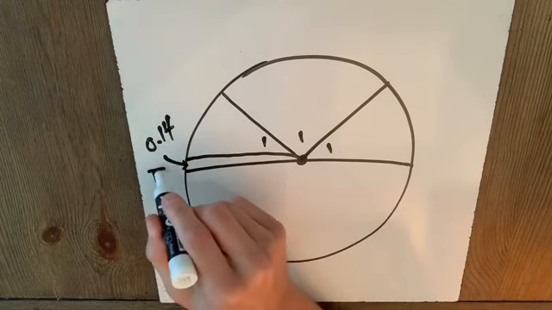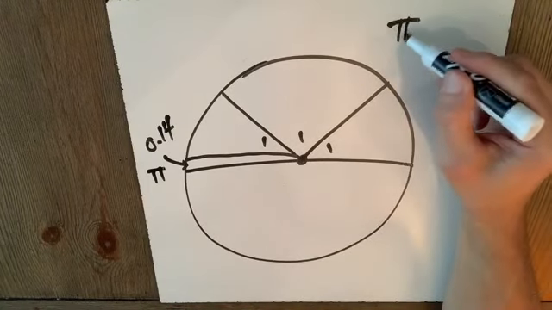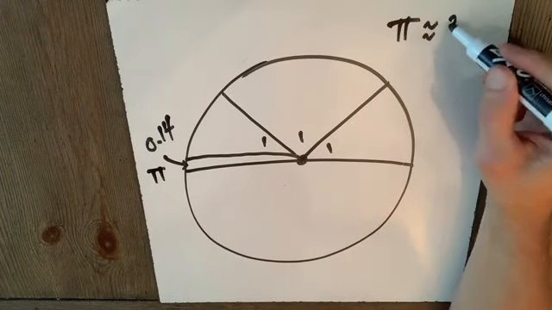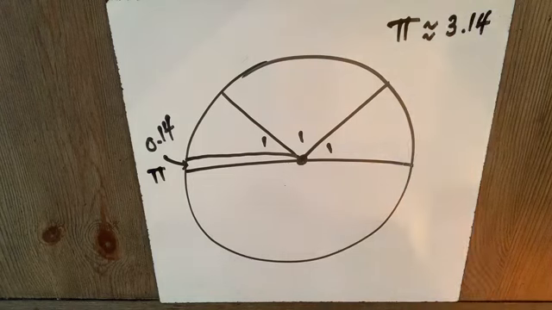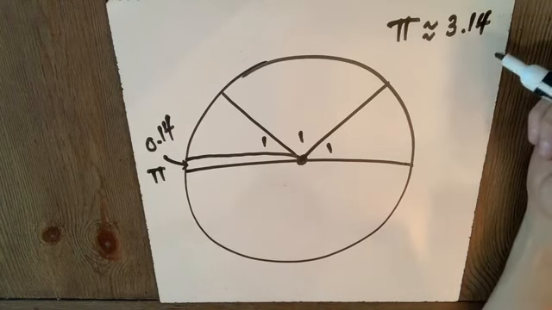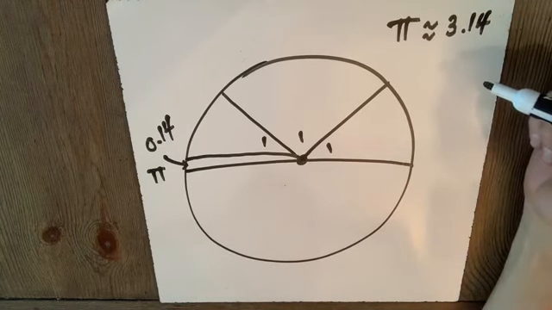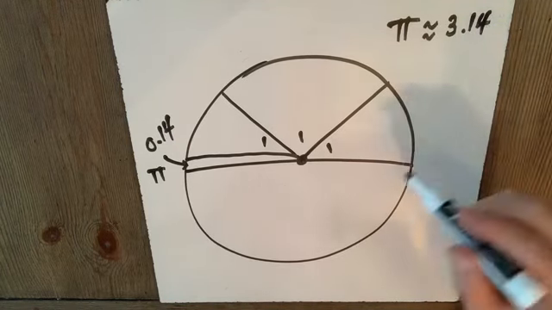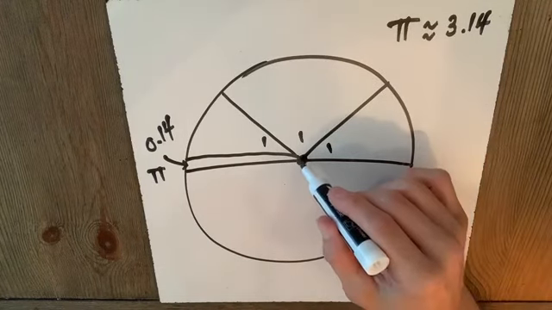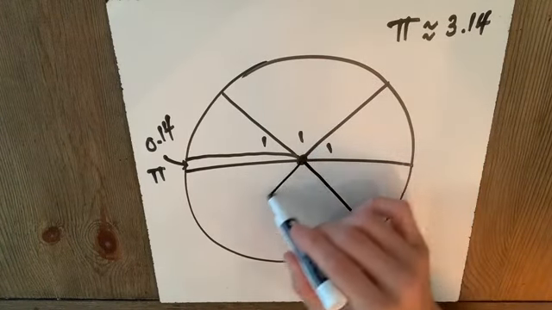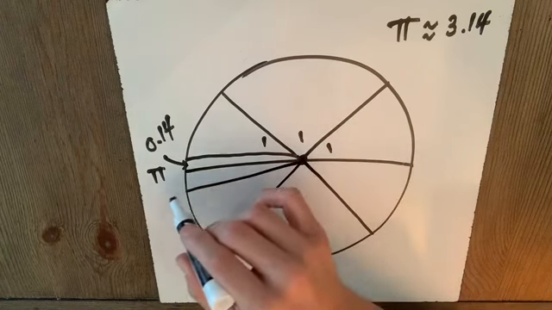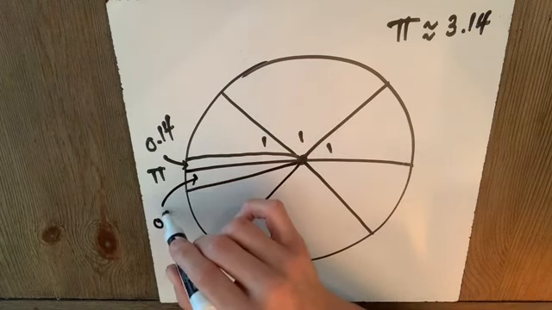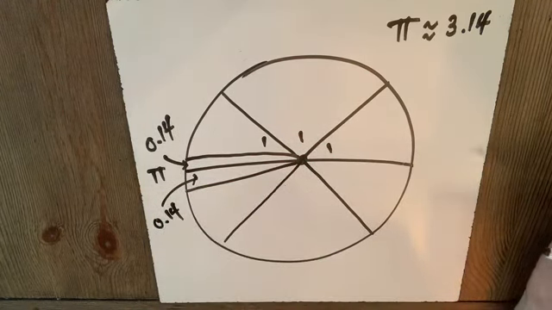Well, in half a circle, we have pi radians, and pi is, you should know, the circumference divided by the diameter of any circle, and that comes out to this irrational number that's about 3.14. So in each half circle, I get about 3.14. If I went clockwise here, I'd have 1, a 2, a 3, and this little wedge of cheese here is 0.14.